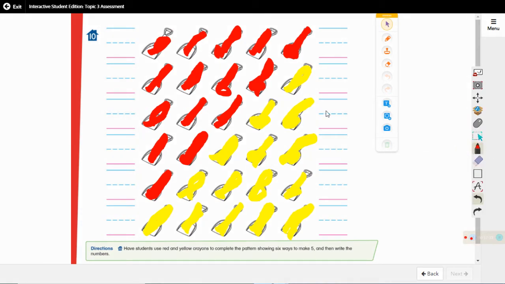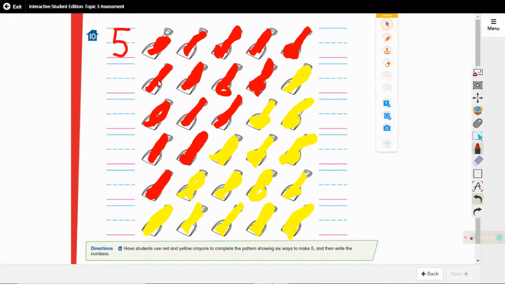Okay, so let's look at the top. How many red shovels do we have? 1, 2, 3, 4, 5. So out here you're going to write the number 5. Short neck, belly fat. Number 5, wears a hat. Go ahead and write that number for me.